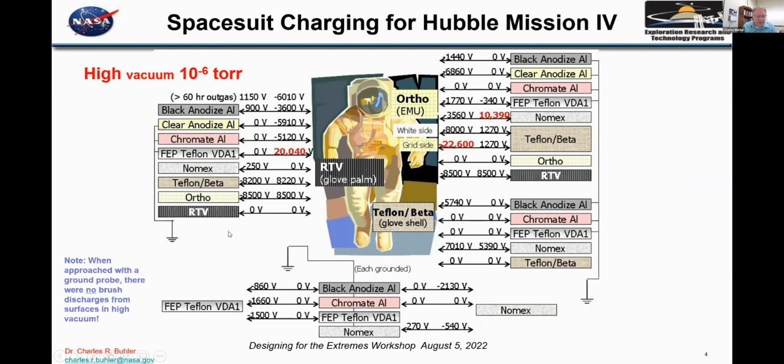What's interesting is that in high vacuum, unlike air, we weren't able to get brush discharges. A brush discharge means I come by with a grounded probe and just discharge it. Can I eliminate the charge that way? The answer is no, not with insulator surfaces in high vacuum. You can in air, but not in high vacuum. So it's a little subtlety there.